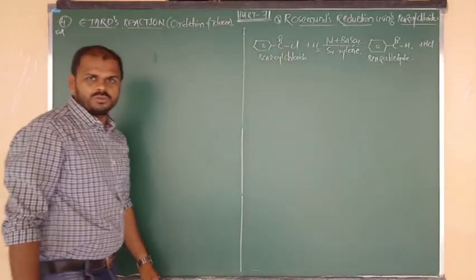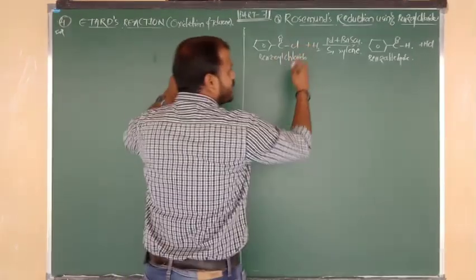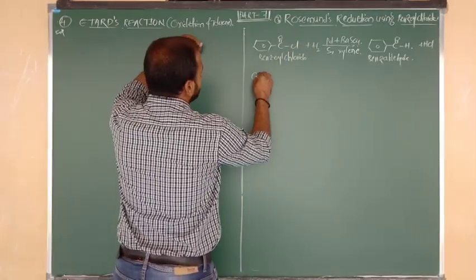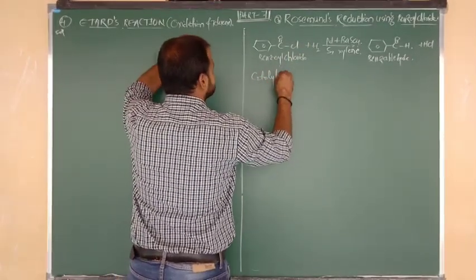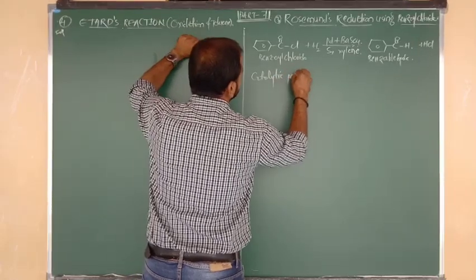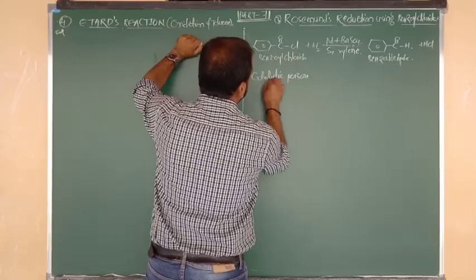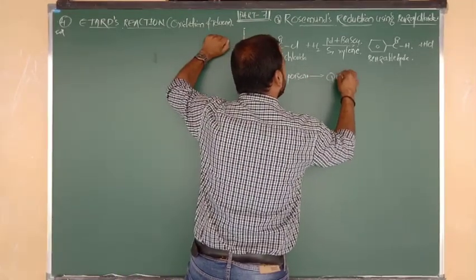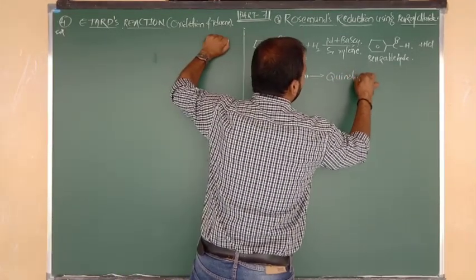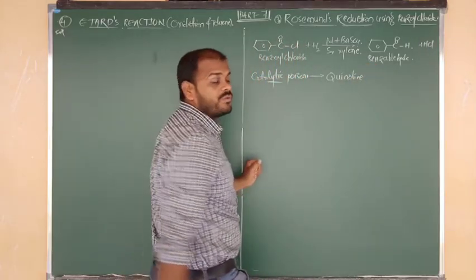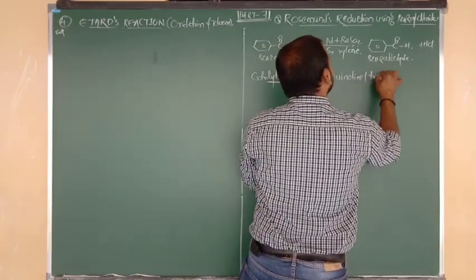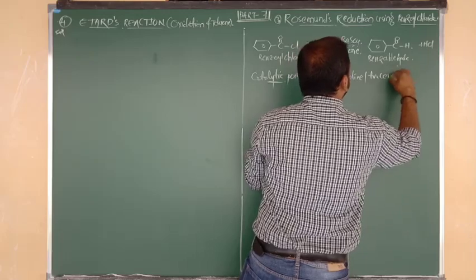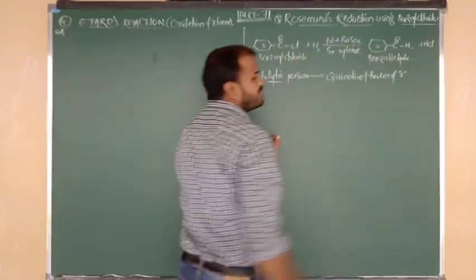So, this is a statement to note down. In Rosenmund's reduction process, which are known as catalytic poisons? Which 2 compounds do we say are catalytic poisons? One is nothing but quinoline, and one more is traces of sulfur, which are added in the Rosenmund reduction.